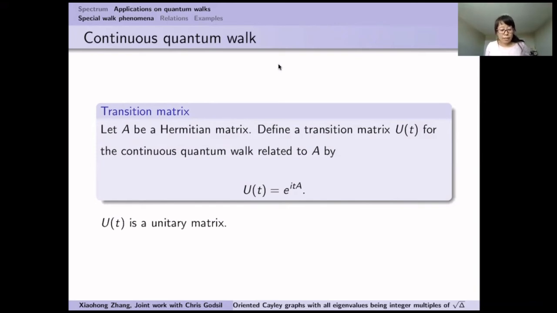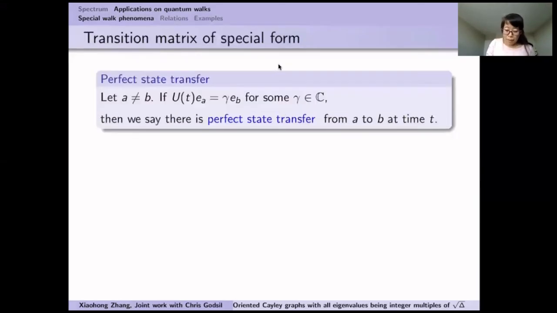We are interested in times t such that this transition matrix has some special form. For example, if we have exactly one non-zero entry, because U is unitary, it means that the entry has modulus 1, like here.